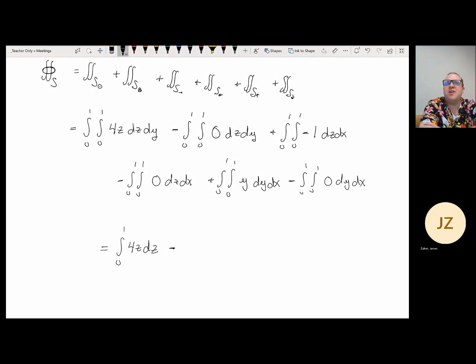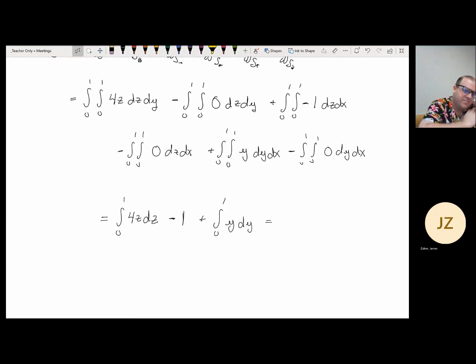Oh my goodness, that one is so nice. 4z is 2z squared. From 0 to 1 is 2. Minus 1. Plus y squared over 2 from 0 to 1 is 1/2. We get 3/2.